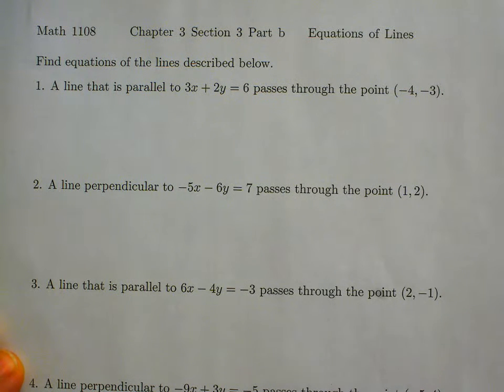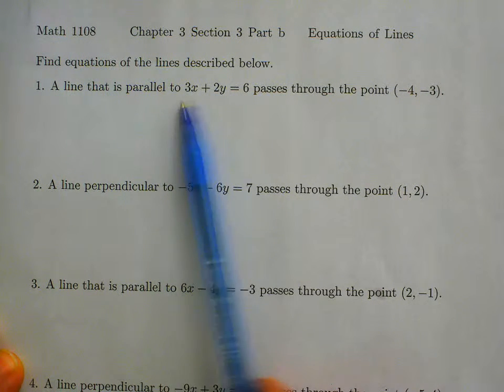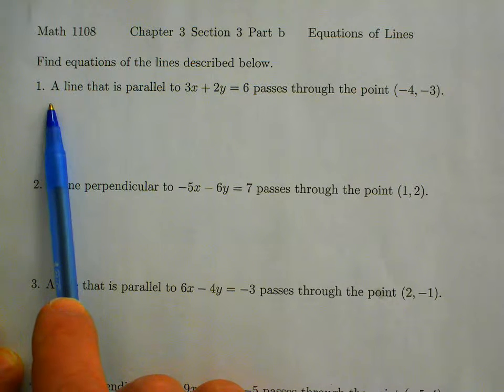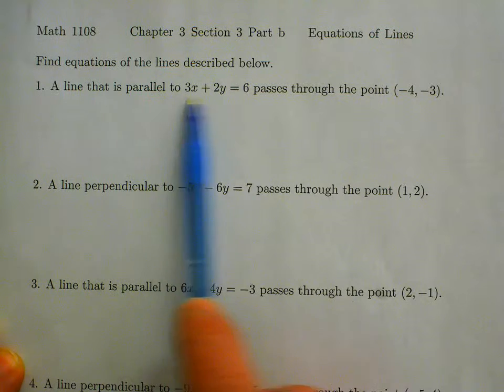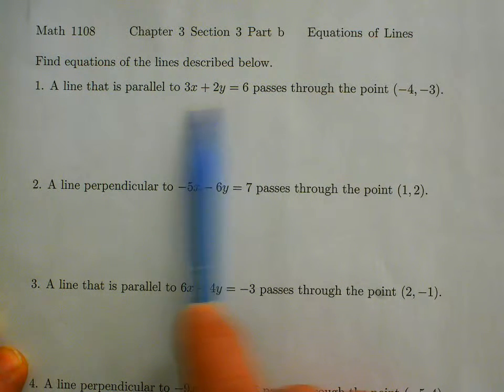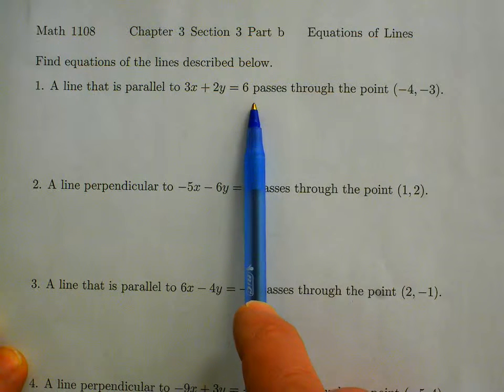Okay, the new line that we want is parallel to the given line, 3x plus 2y equals 6. So what does that tell us? It's the same slope. Yeah, that tells us that the new line has the same slope as the given line. So we first have to find the slope of 3x plus 2y equals 6.